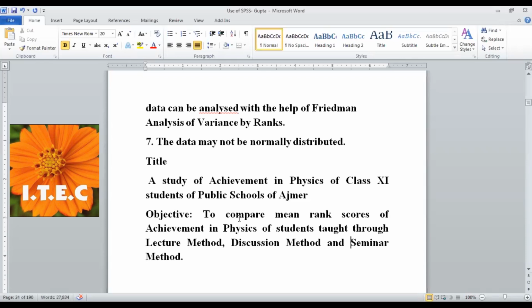So you are teaching one particular topic for 1 week through lecture method and giving a test, then again teaching the same group with the help of discussion method and administering the same test, and the same group you are again teaching with the help of seminar method and you are administering the same one.